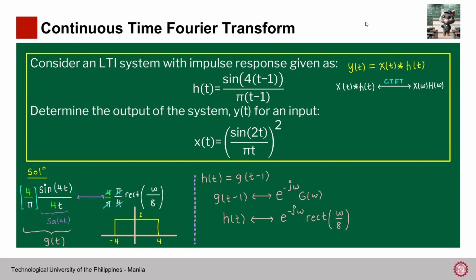So, kung i-graph natin, guys, anong itsura niyan? Actually, ang itsura nun is kaparehas nung kanina, kamukha nung kanina. Pero this time, ano magiging amplitude? So, this is the graph of H of omega. This occurs from negative 4 to 4 din.